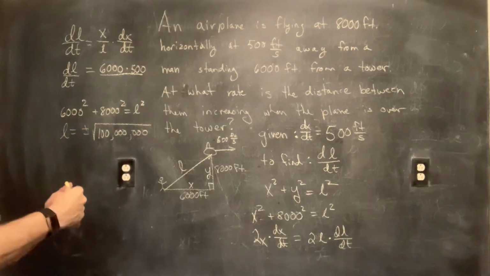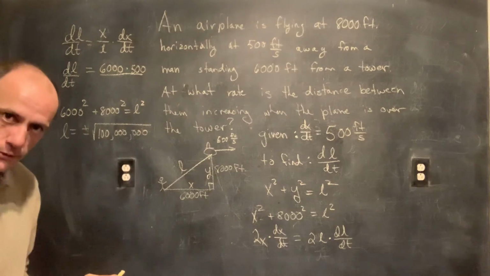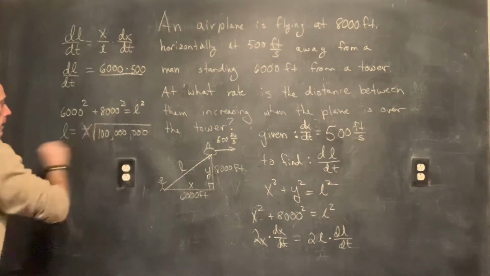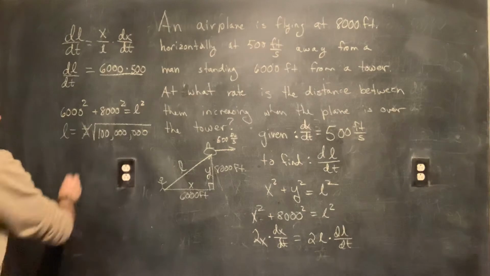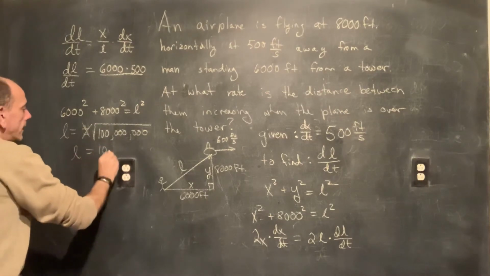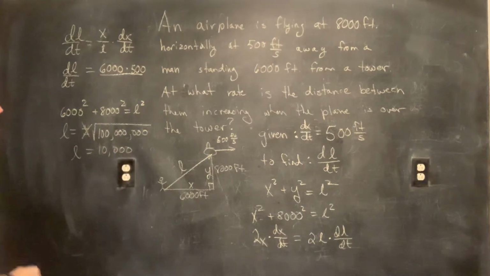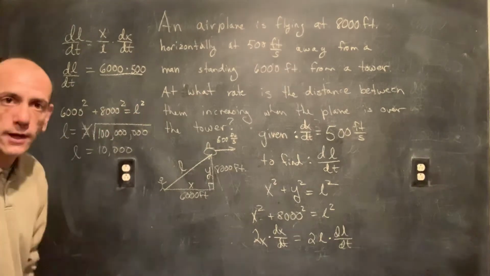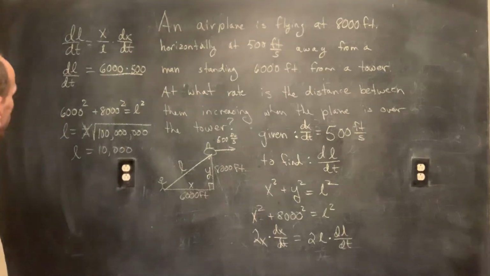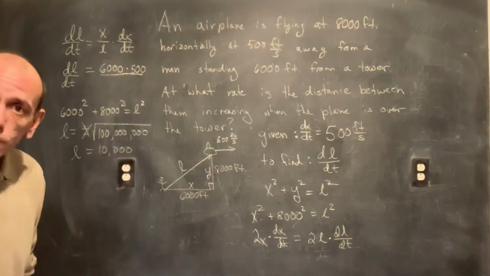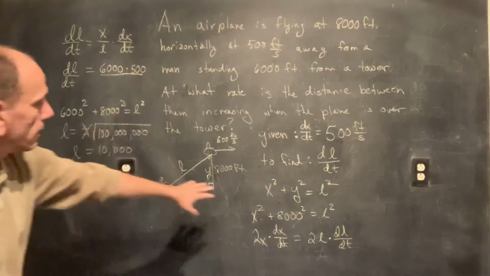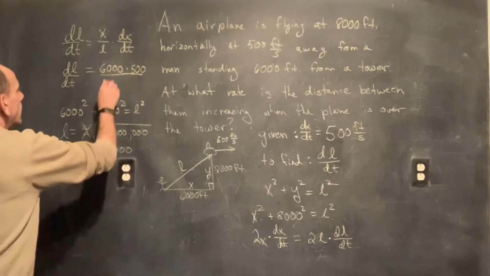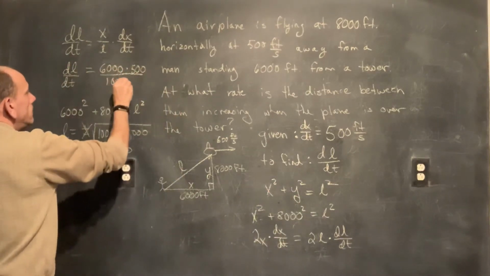But of course, we're talking about a distance between two things, so it's legit to throw away the negative value, and we get L is 10,000. If you recognize a 3, 4, 5 right triangle, you could have saved yourself a little bit of trouble there. But still, we're able to solve for L using the Pythagorean theorem, and there we've got 10,000.